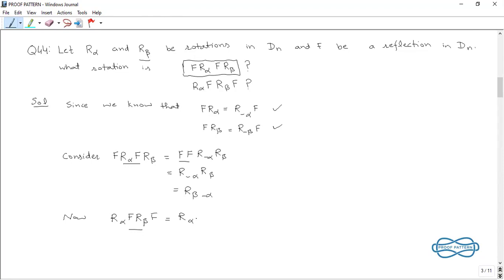We get R alpha R minus beta F F, and the product of F with F is identity, and we remain with R alpha R minus beta, and this is actually the rotation with respect to the angle alpha minus beta. So the first rotation is with angle beta minus alpha, and the second rotation is with the angle alpha minus beta.